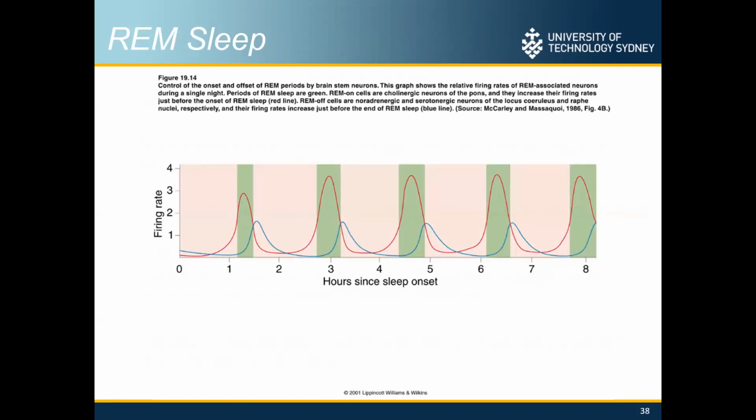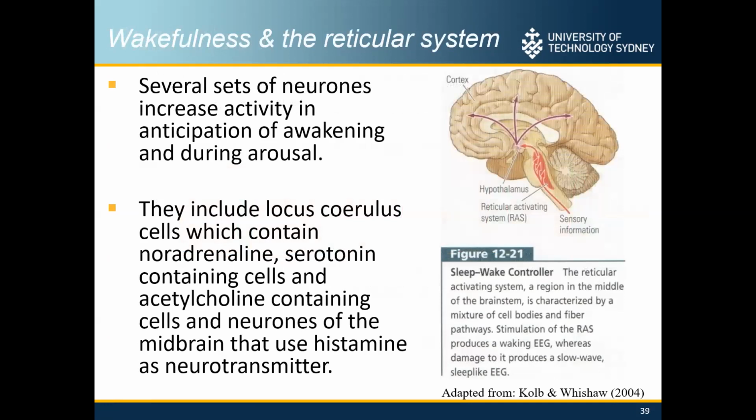Again, this gives you an idea of the firing of these neurons and the role they play throughout the course of sleep. As I said previously, the reticular activating system plays a huge role in the onset of wakefulness.